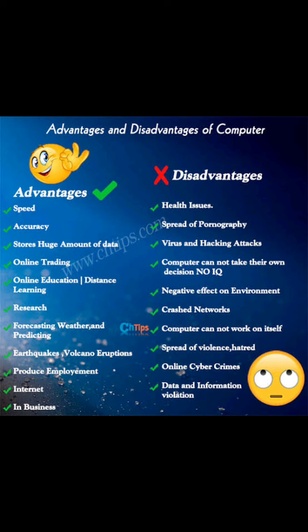Accuracy means a high level of answers and results. If a man sometimes makes mistakes, a computer never makes a mistake and finally gives the correct answer. That is called accuracy.